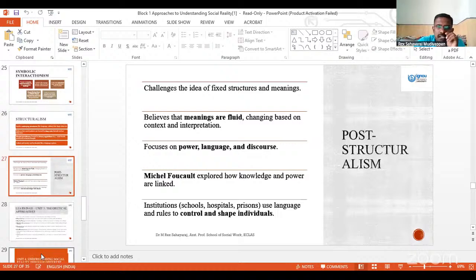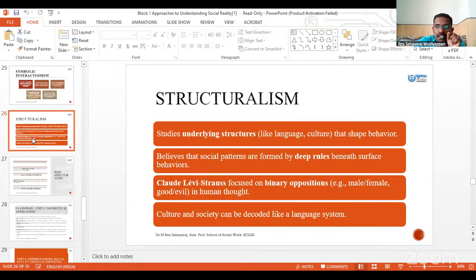So post-structuralism. When you say structuralism, it believes that social patterns are formed by deep roots, focused on binary oppositions like male and female, good and bad in human thought. Okay, we always have religious beliefs, male, female. These binary oppositions will fight. Culture and society can be added like a language system.